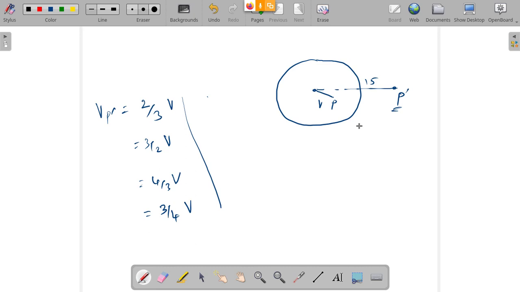First, all you have to do is see what the potential at the surface of radius R is. From there you can get the relationships easily.